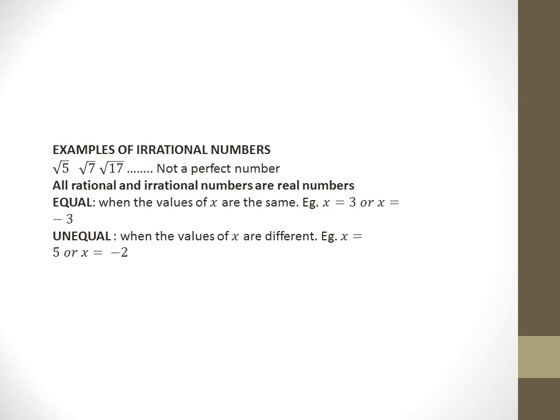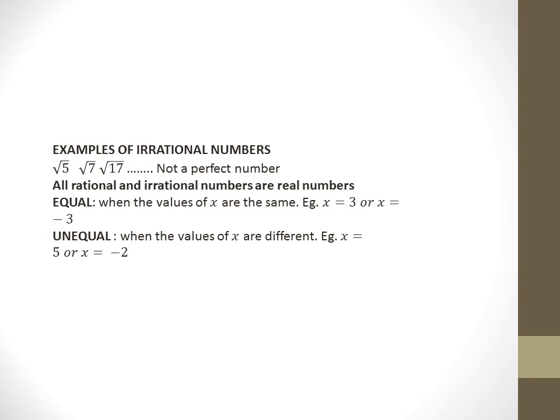So these numbers are irrational numbers. Rational and irrational numbers are real numbers. So if the number is irrational, it is a real number. If the number is a rational number, then it is a real number.